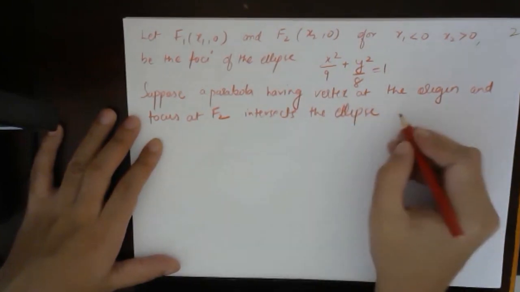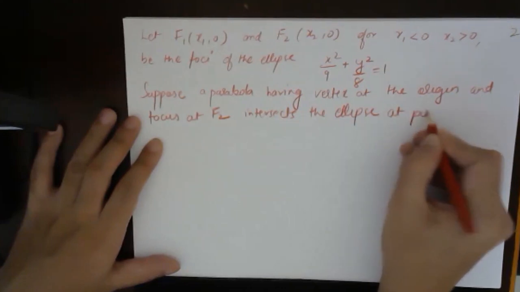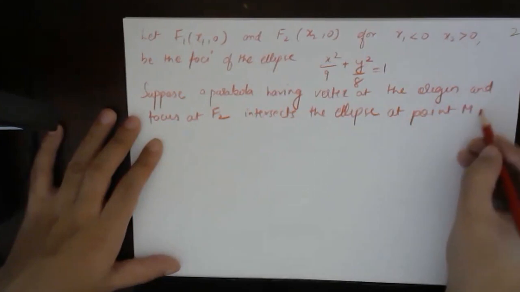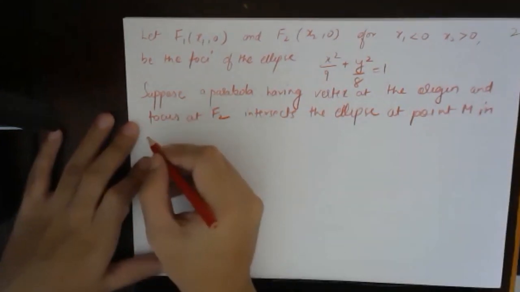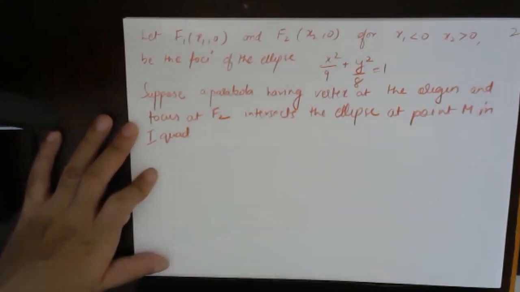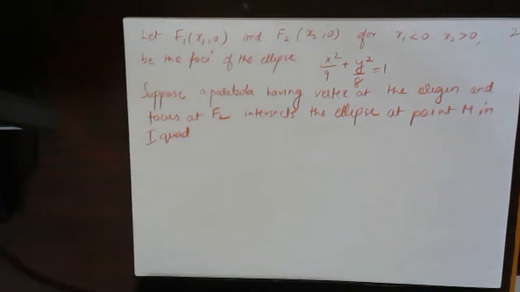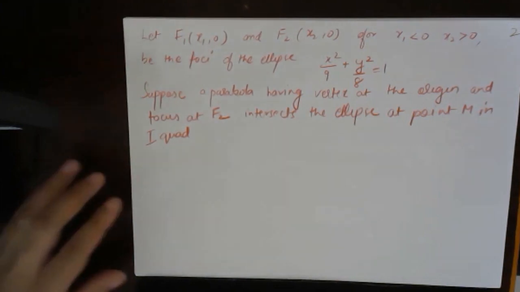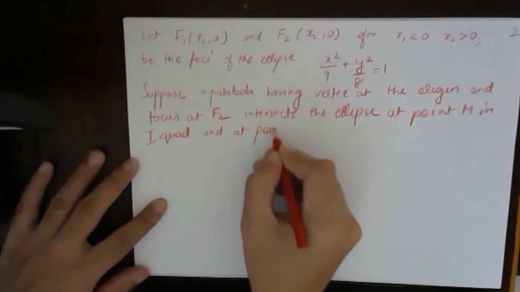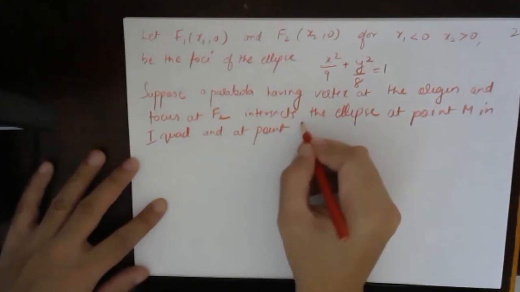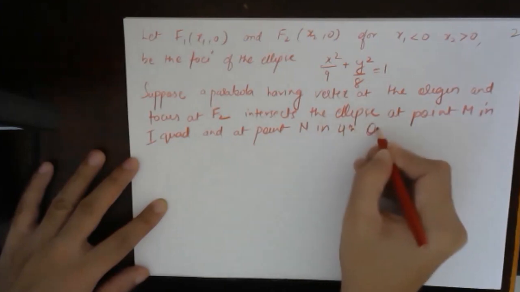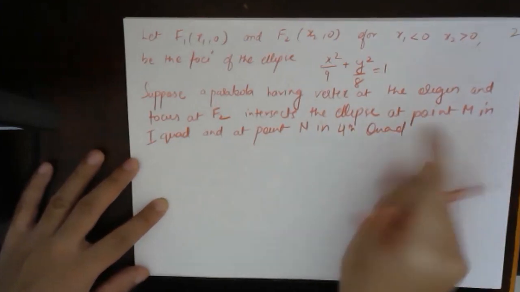intersects the ellipse at point M in the first quadrant, and at point N in the fourth quadrant.